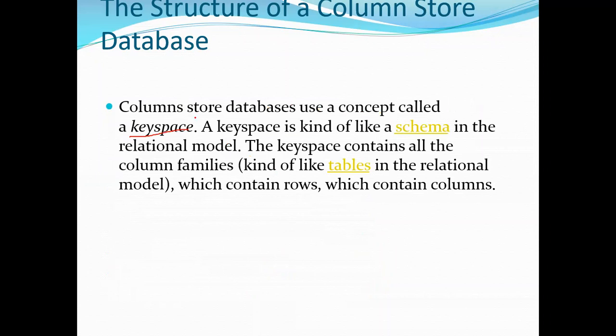There we say table, here we have to say Keyspace. A keyspace is a kind of schema, in the sense of a diagram in the relational model. The keyspace contains all the column families, kind of like tables in the relational model, which contain rows, which contain columns.